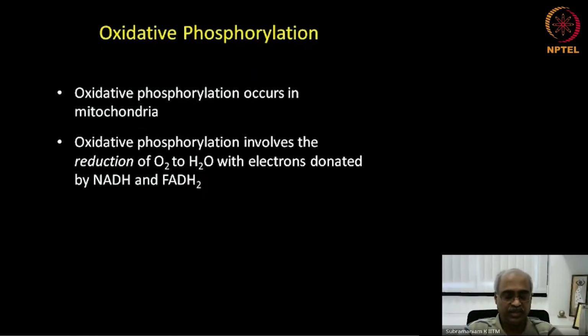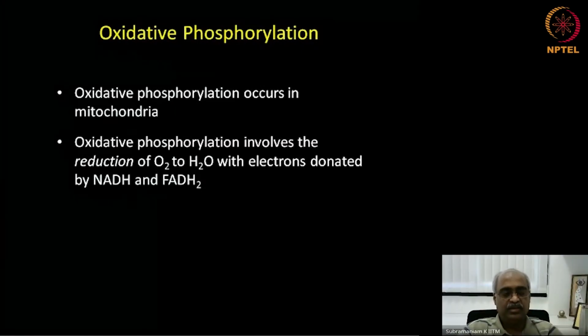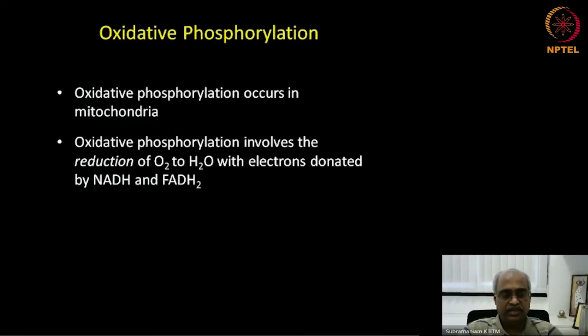NAD carries a hydride ion, which is the form in which it carries electrons, and FADH2 carries 2 hydrogen atoms. That is the outcome from the TCA cycle.